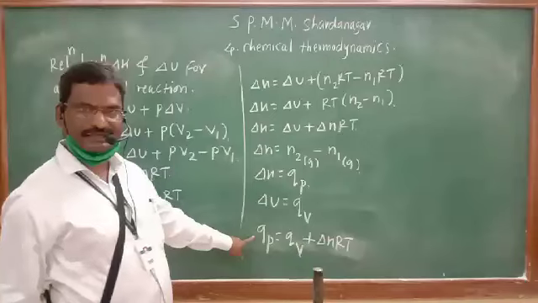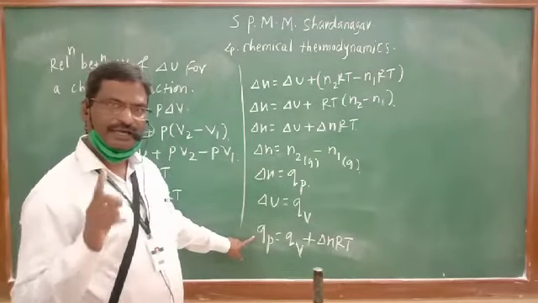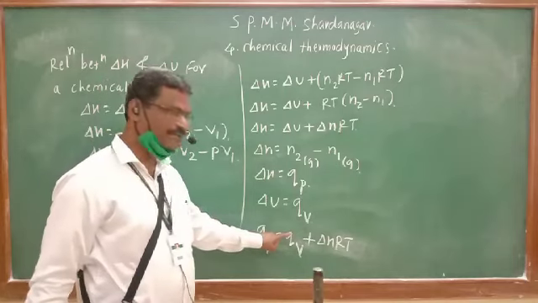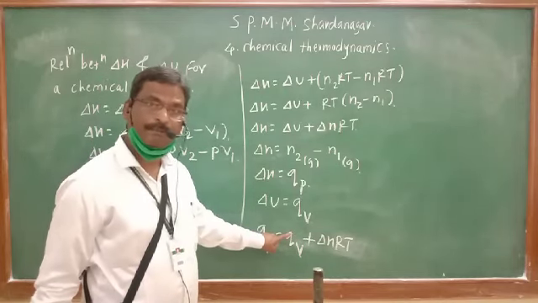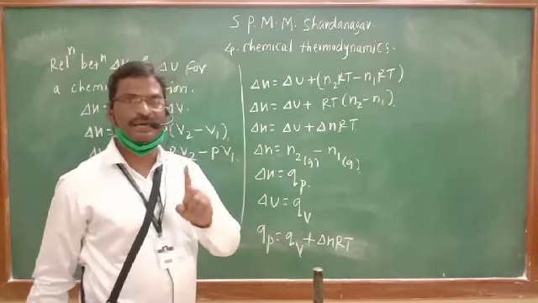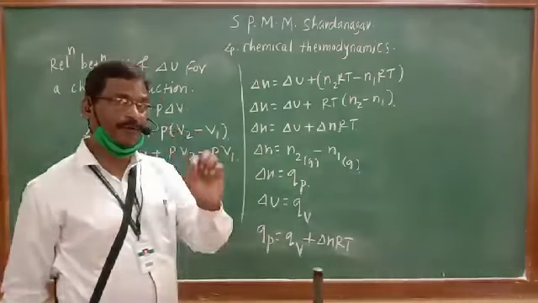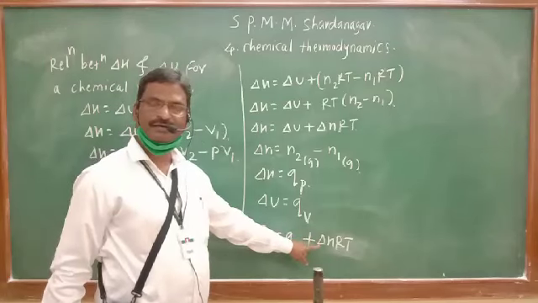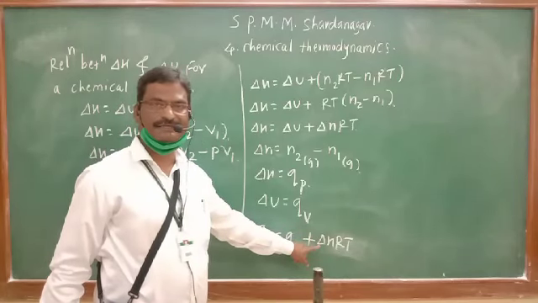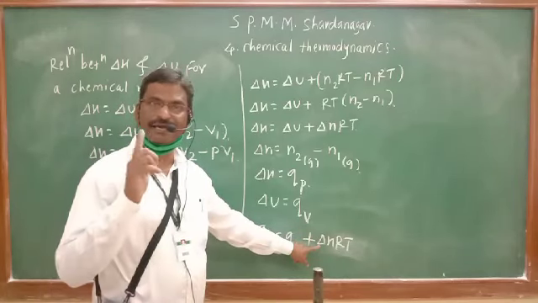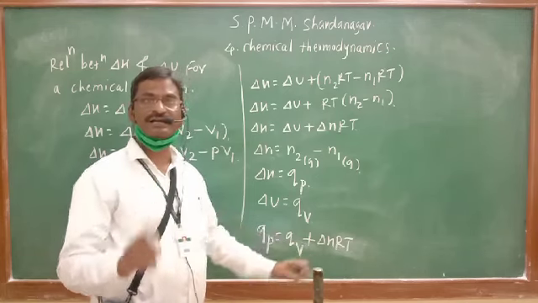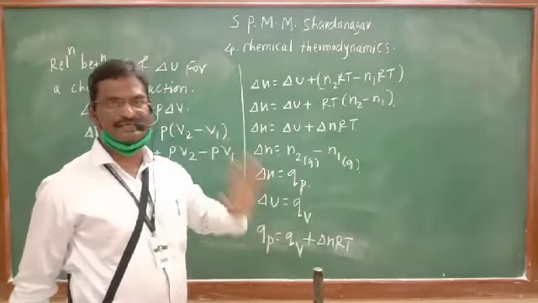This is the relationship between heat of reaction at constant pressure and heat of reaction at constant volume for a given chemical reaction. Here the important point we have to note is that delta n is change in number of moles of gases during a chemical reaction where reactants and products are considered in the gaseous state.